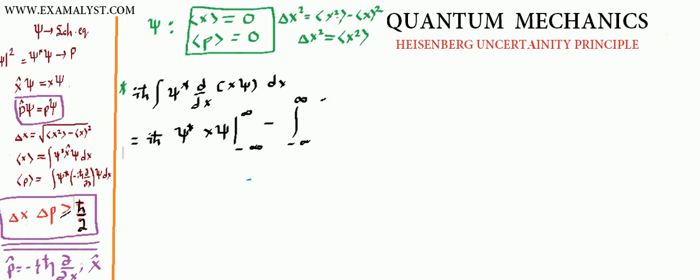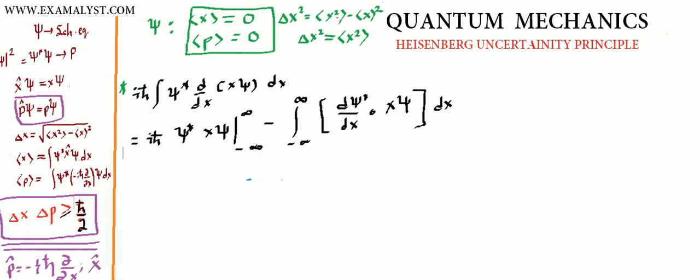You have to do d by dx of first term. So my first term is actually psi star. Okay. So you'll do d by dx of first term into, remember, then there will be an integration of second term. So if you do integration of second term, what will you get? You'll get only x psi. Agreed on that part? Okay. So this whole thing into dx.